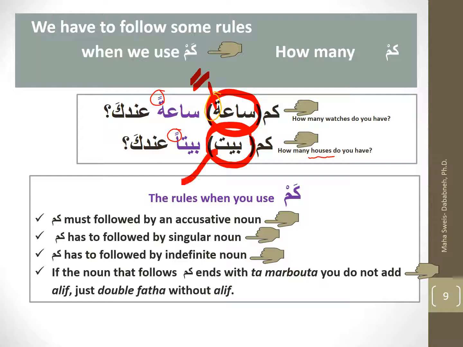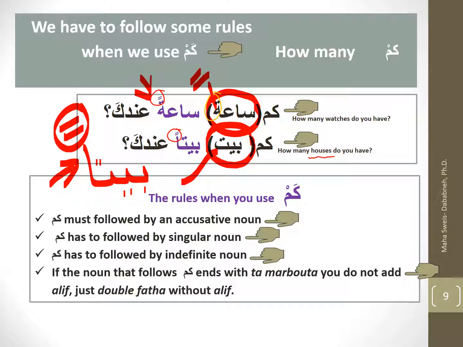But here the noun is masculine, there's no ta marbuta at the end, so you have to add alif as a seat for the two fathas, which is tanween. So again, anytime the noun does not end with ta marbuta, we need alif as a seat for two fathas. But if you see ta marbuta at the end, like this one, then no need for alif. You just add two fathas.